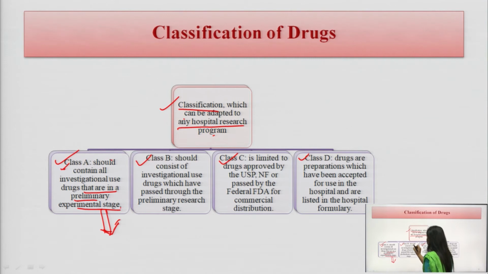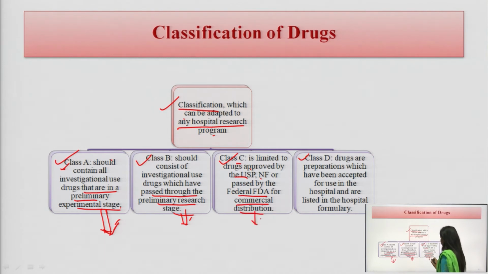Another is class B. This class consists of investigational use drugs which have passed through the preliminary research stage. So we have some information about the drug. Another is class C. In class C, the drug is approved by the USP, United States Pharmacopoeia, or the National Formulary, or passed by the FDA for commercial distribution.